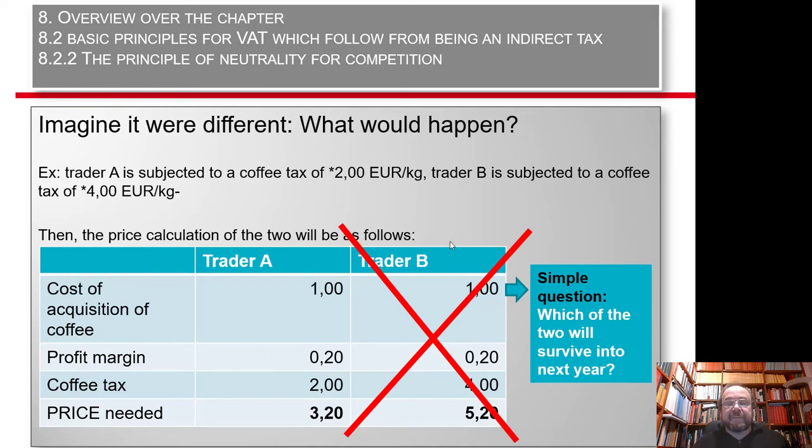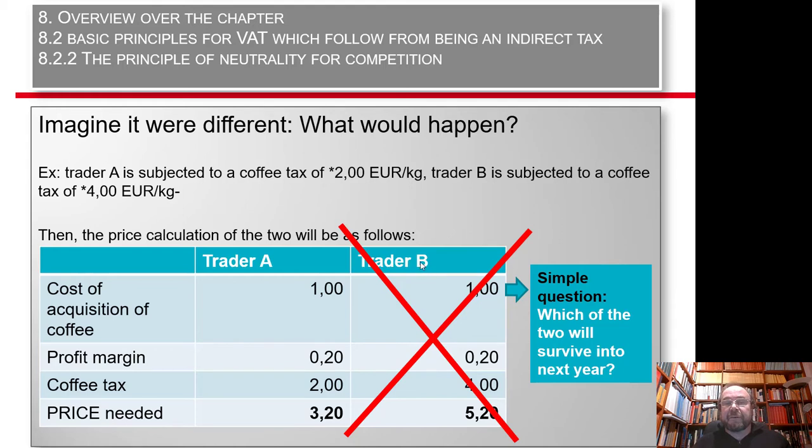And that is a reason why traders, suppliers should be taxed equally. Otherwise, you don't achieve more money. Demanding €4 from a category of traders would be entirely senseless, because you just doom them to die out. So in the long run, you will never get that money.